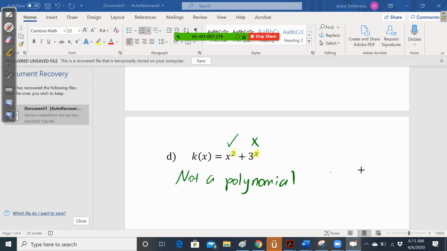Now the reason why I'm going to say that over here is because the exponent is a variable.